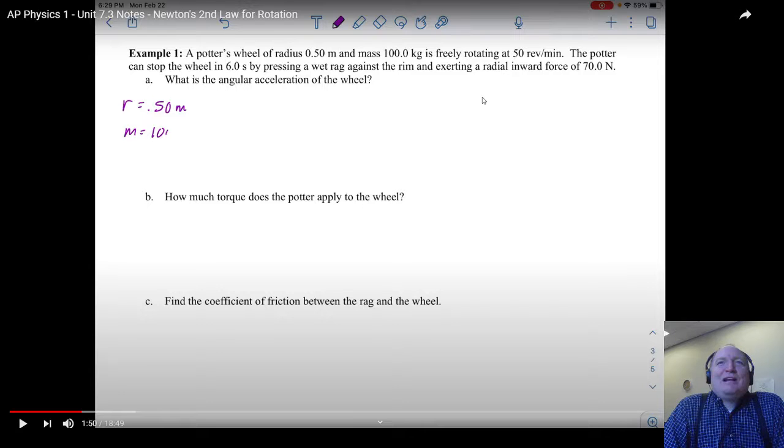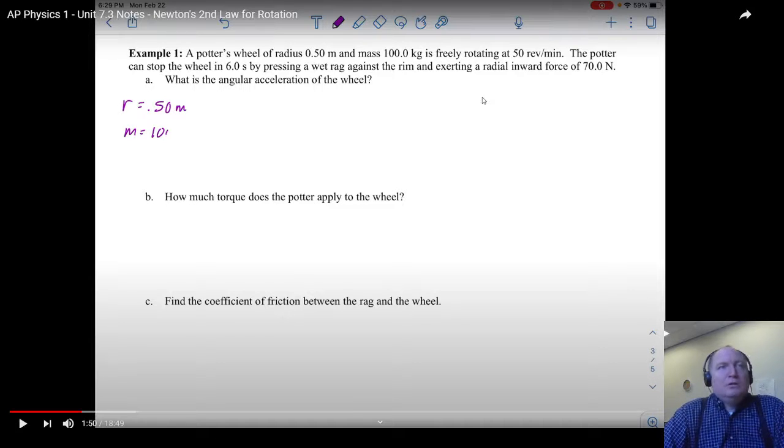And it's rotating 50 revolutions per minute, so almost a revolution per second. So 1001, 1002, 1003. Okay, so that's got a lot of angular momentum, a lot of energy. And so the potter can stop the wheel in 6 seconds.